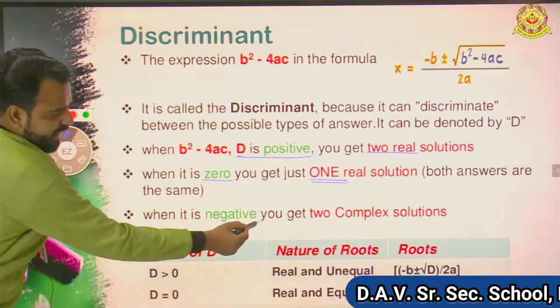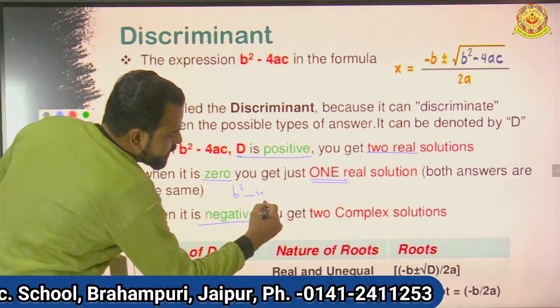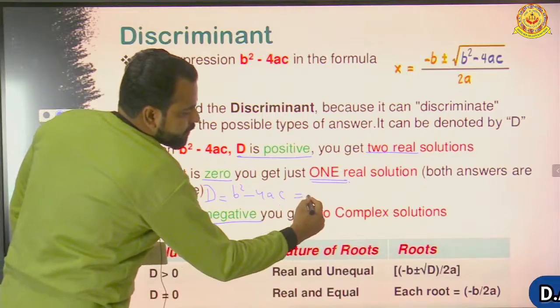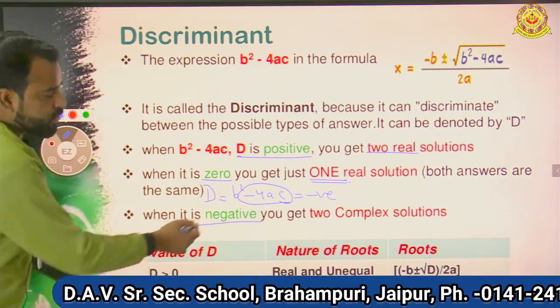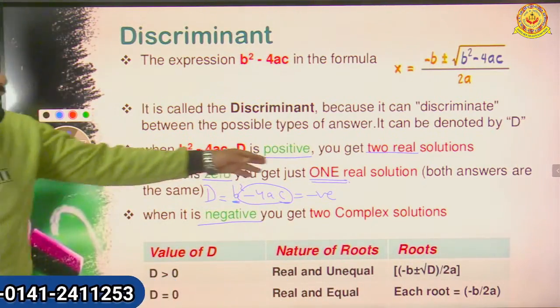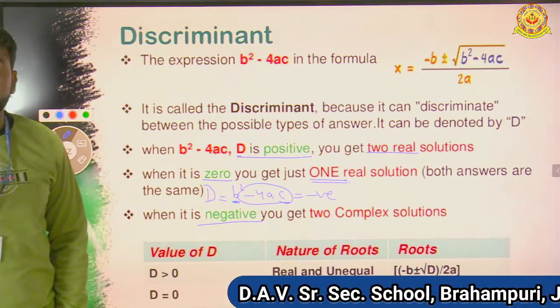Now when it is negative, what is negative? B square minus 4ac, which stands for the discriminant D. If it is negative, that means if your 4ac is greater than the b square, then you will get the negative answer. So when the discriminant is negative, in that situation we cannot find the square root of the negative number, because the square root of a negative number is not possible.